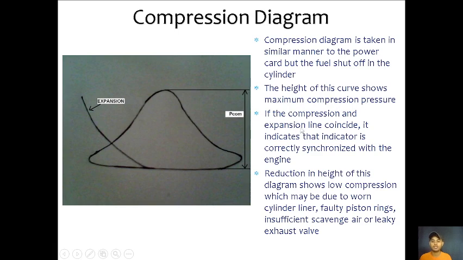If the compression and expansion lines coincide, it indicates that the indicator is correctly synchronized with the engine. A reduction in height of this diagram shows low compression, which may be due to a worn cylinder liner, faulty piston springs, piston rings, or what we call blow-by, insufficient scavenge air, or a leaky exhaust valve.